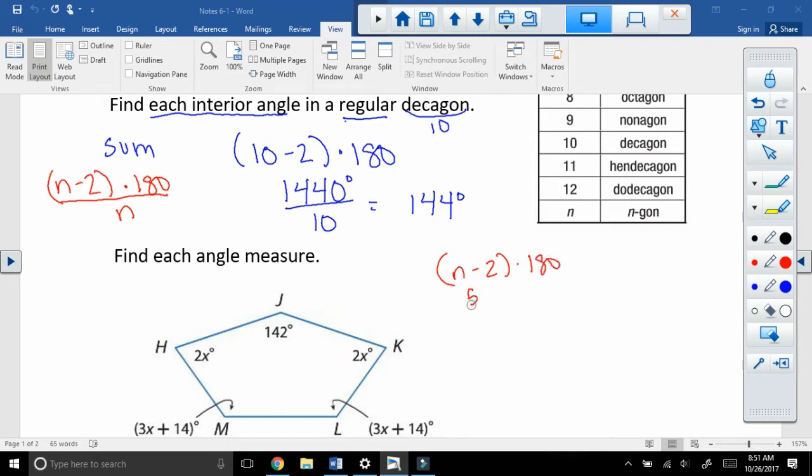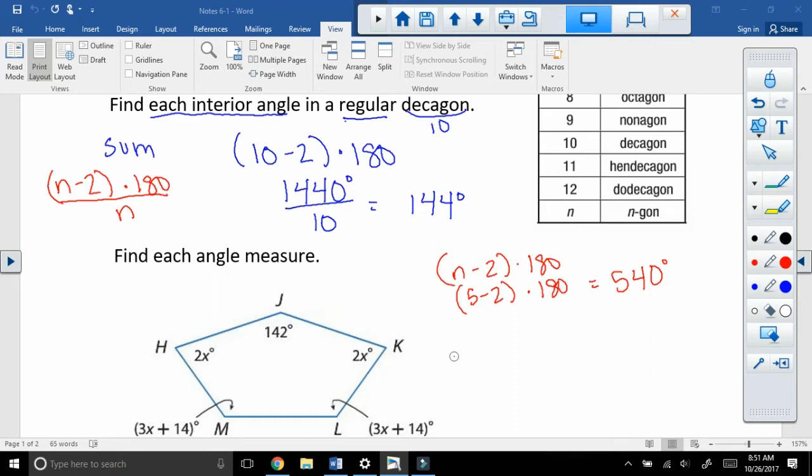So in this case, 5 minus 2 times 180. So the sum of all of these angles is 540 degrees. So that's what you're going to do to solve for x. You're going to add all 5 of those angles up and just set it equal to 540 degrees.